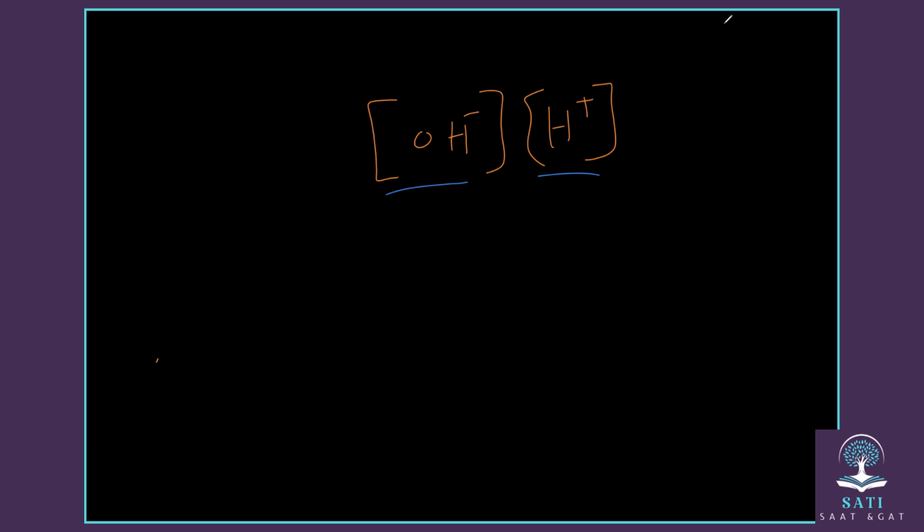The concentration of this one times the concentration of this one is called the water ionization constant. It equals the concentration of OH times the concentration of H, and it always gives you a constant number, 10 to the power of negative 14, and keep that in mind.